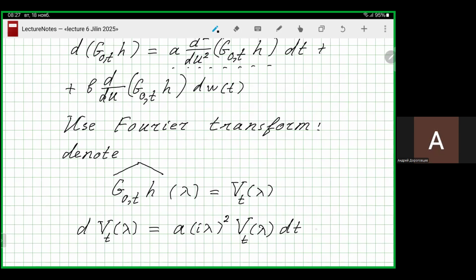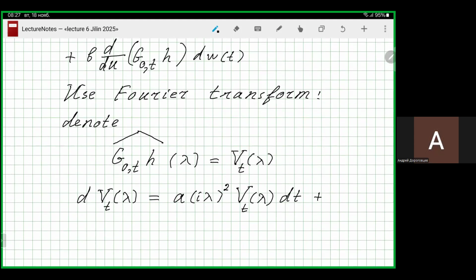And then plus b i lambda v dw. At least the first term can be slightly rewritten, and let me do this.